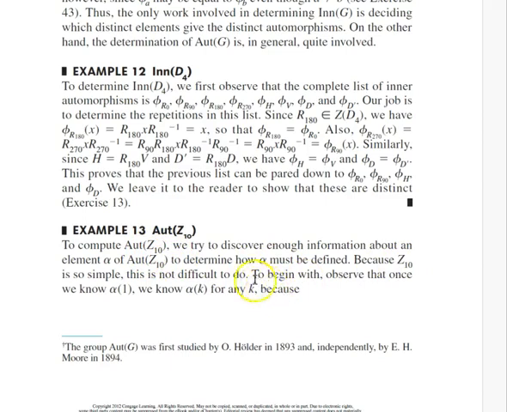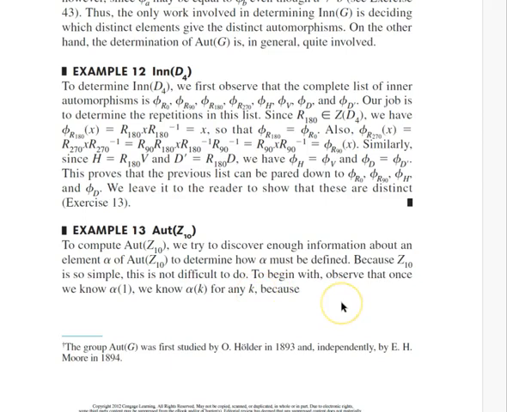Because Z10 is so simple, we can compute all automorphisms easily. We observe that if alpha is an automorphism of Z10, it is enough to know alpha of 1 to know alpha of k for any integer k.